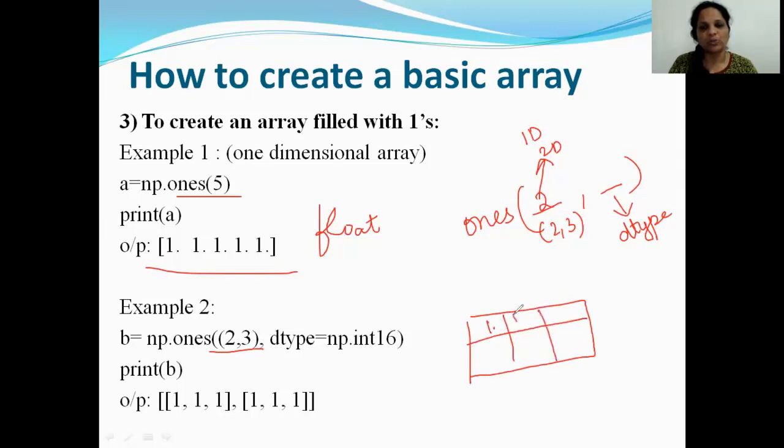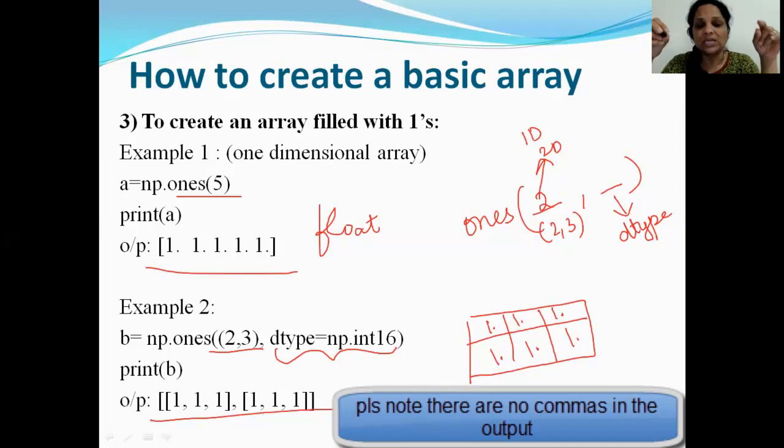And what's supposed to be filled in all of them was 1., 1., 1., because by default, like the zeros function, ones also fills it up with a floating point value. But can you see what I've written here? I've given another parameter to the function ones, telling it, don't just create a 2D array with 2 rows and 3 columns, but see to it that all the elements are stored as integers. And that is the reason you got it all as integers.